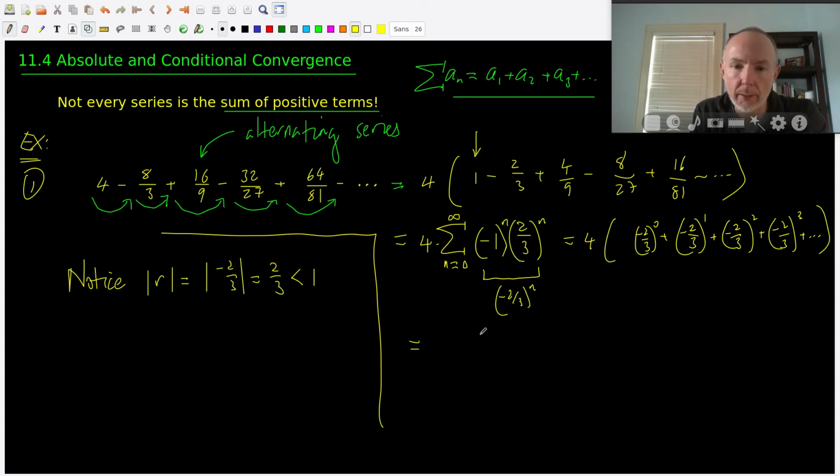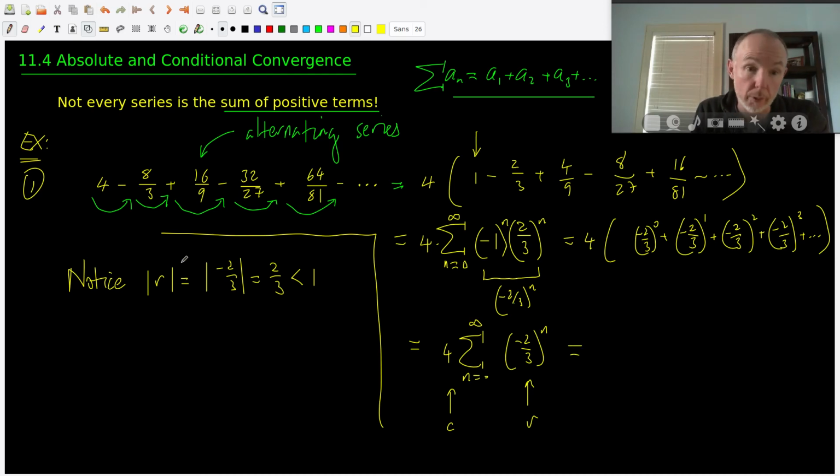Right? If I write this out just thinking about it as the geometric series the way we set it up before, this is -2/3 to the power of n, and n goes from 0 to infinity. Okay, so this is our r to the power of n, and this is our c. And we know that if that converges, it's going to converge to a certain formula that we've got. And in this case, the absolute value of r is 2/3, because r is -2/3. We take the absolute value. It's less than 1.